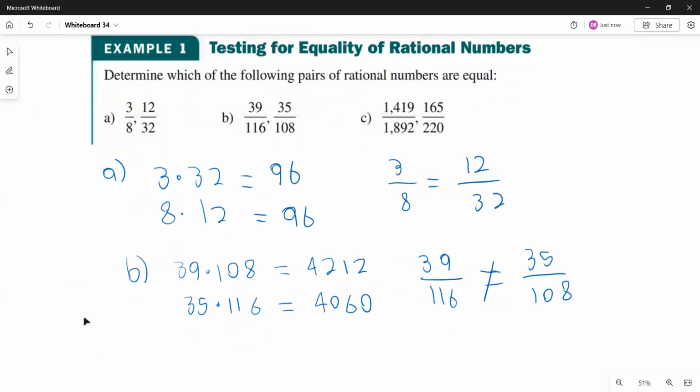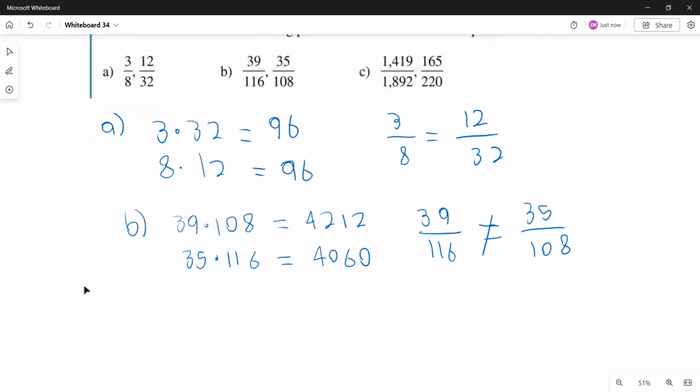Part C. Cross products: that's 220 times 1,419 and 165 times 1,892.